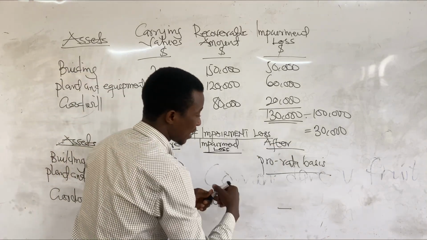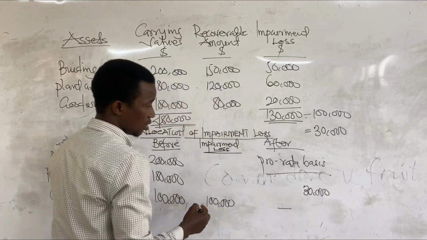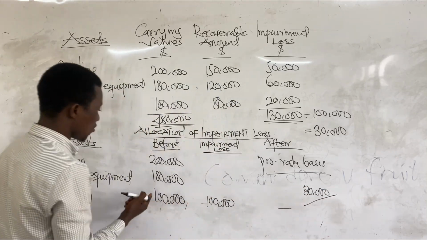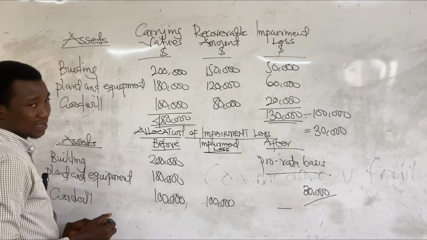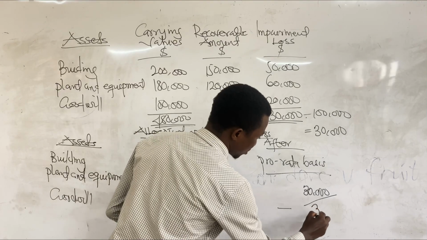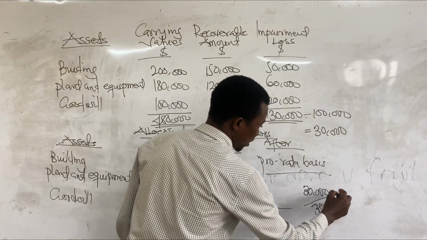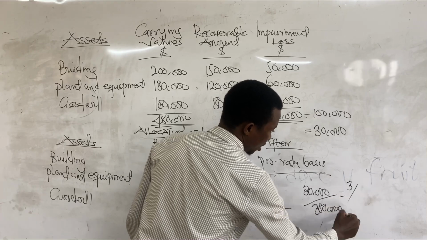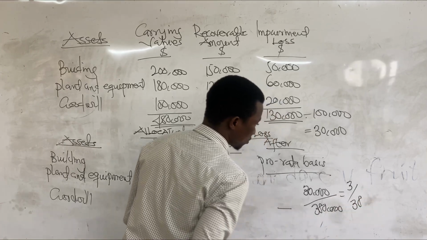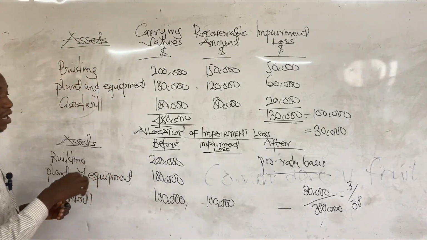So we have 30,000 impairment loss over the remaining assets. We have to do the allocation. This plus this give us 380,000. So the ratio or the fraction here has to do with 3 out of 38.